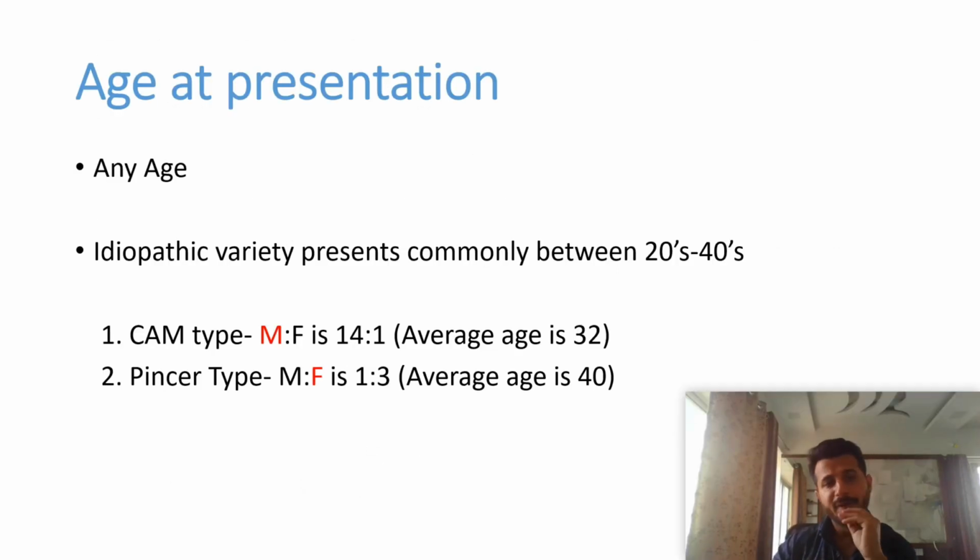So patients can come to us at any age, but the idiopathic variety generally comes to us between the age of 20 to 40. Also, one thing to remember is CAM type is more common in males as compared to females with a ratio of 14:1 because males are into high impact sports more.